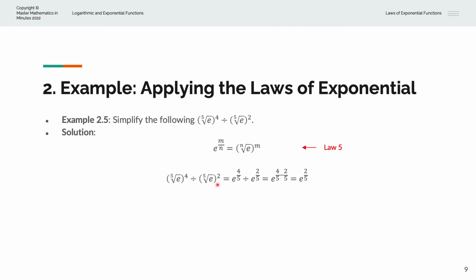And the fifth root of e to the power of 2 can be rewritten as e to the power of 2 divided by 5. And according to the second law, we should subtract the powers. And that gives us e to the power of 4 divided by 5 minus 2 divided by 5, and that simplifies to e to the power of 2 over 5.